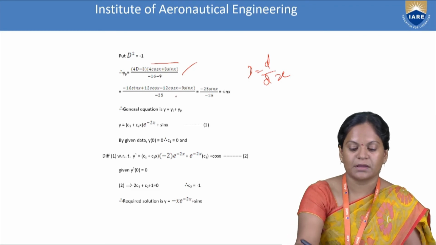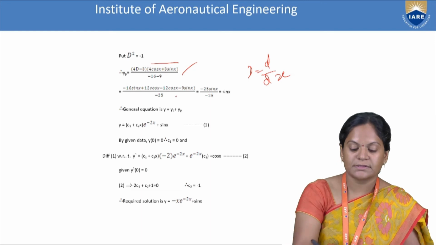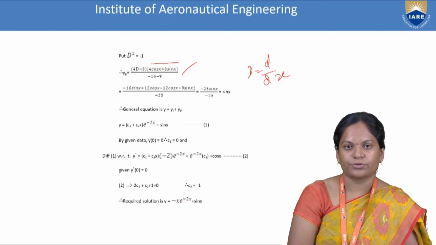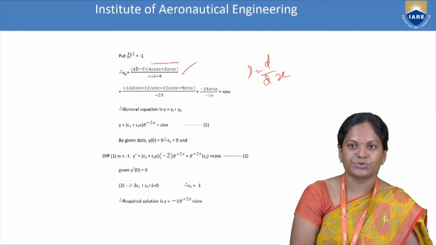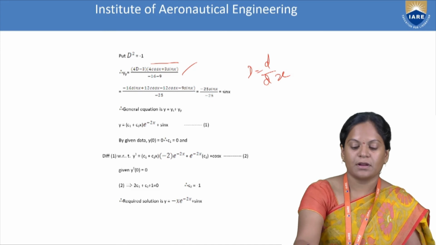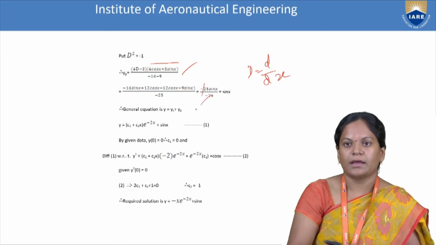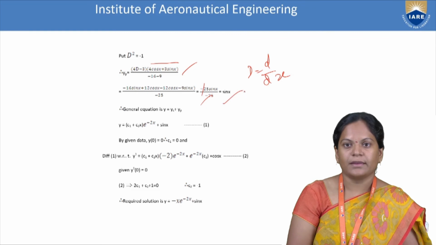Plus, into minus 3 times 3 is minus 9 sin x, divided by minus 25. Now simplify this. We have minus 25 sin x by minus 25. Both numerator and denominator will cancel and we'll get only sin x.